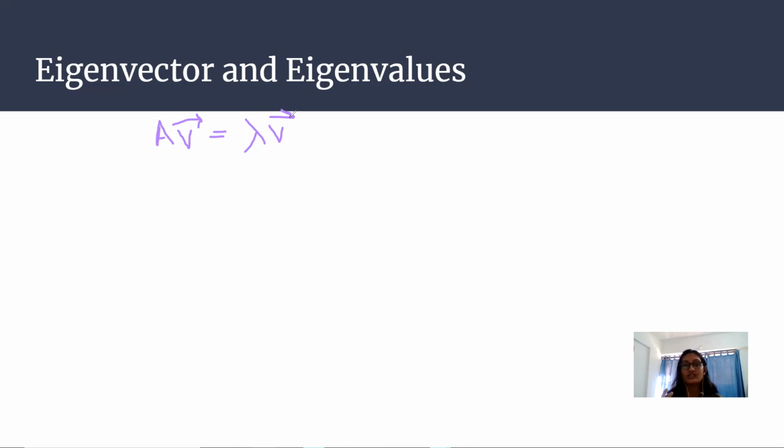So all these words won't be going into your mind that easily. That is why we'll be solving a problem. Let us take an example where our A matrix is [2, 1; 1, 2].